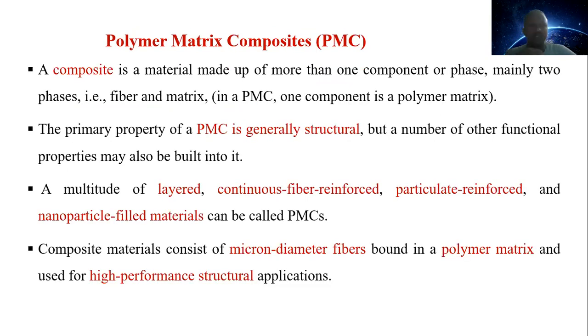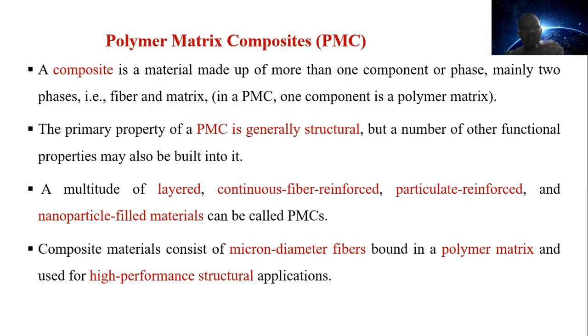Polymer matrix composites are materials made up of more than one component. As I said, the components are mainly the fiber and the matrix. In this case, thermoset polymers are considered as the matrix or the resin, and the carbon fiber is considered as the fiber.